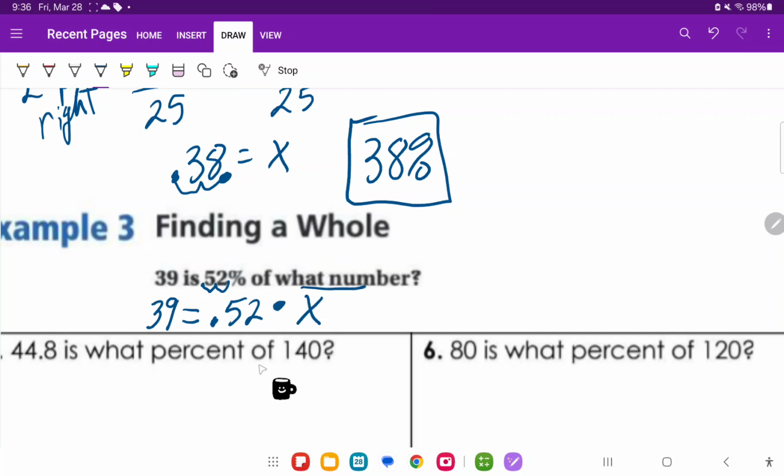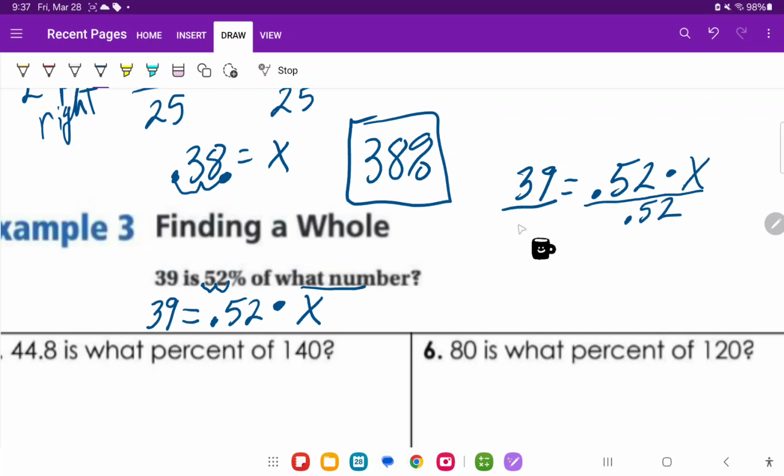We don't know the x in this case. So I'm just going to come over here where I have some room to work. I'm going to rewrite it. I'm going to get the x by itself, so we will divide by 0.52 on both sides.